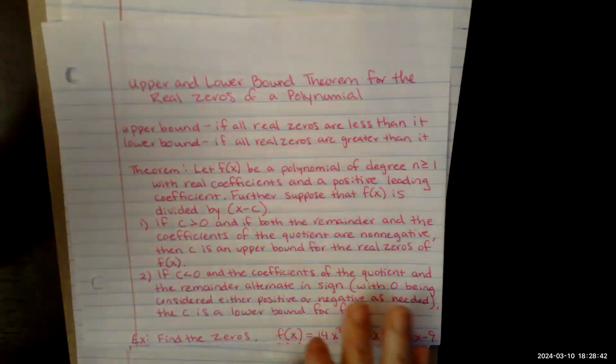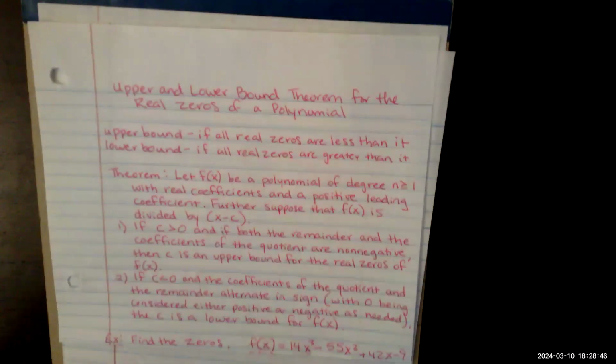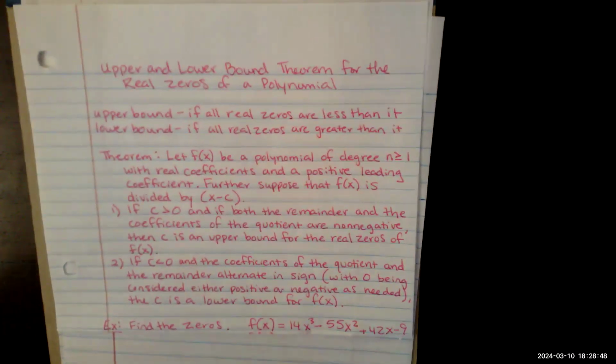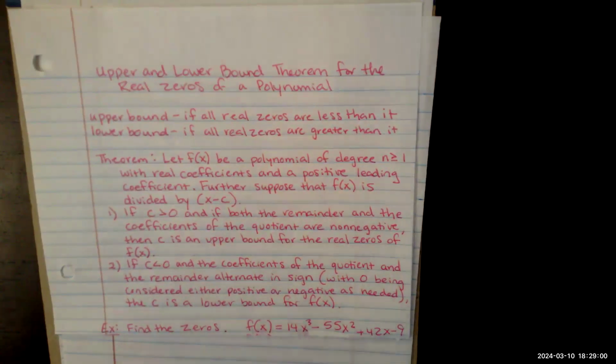Okay, another trick to kind of narrow down what you're looking for is the upper bound or the lower bound theorem. This helps us because when we're guessing and checking, at some point, we might try a number like 7. And if a certain thing happens, that's going to tell me that all of my zeros are less than that number. So that might help me eliminate some of my options.